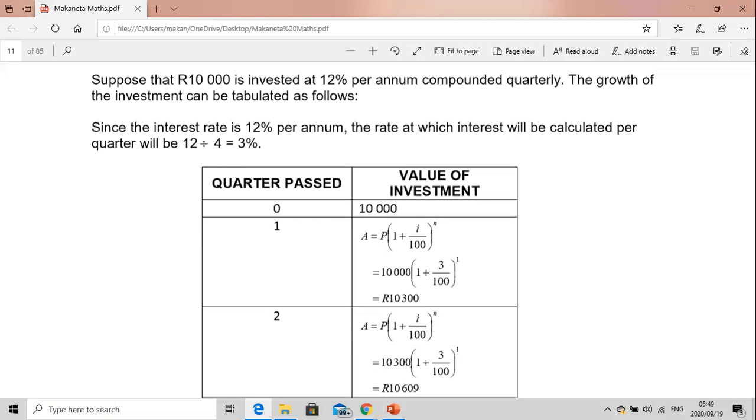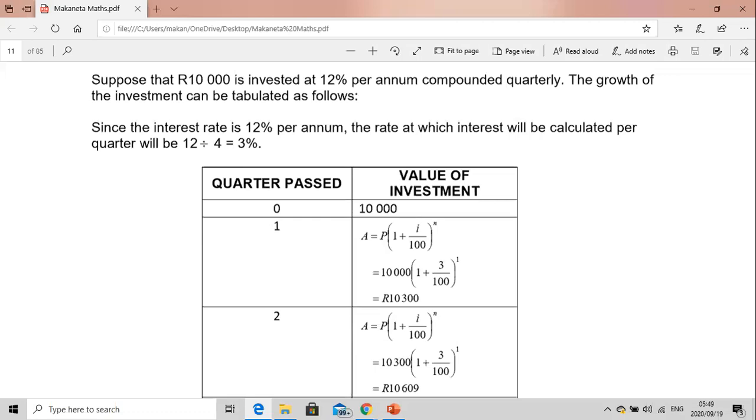And in this case, the amount will be, we now multiply our principal amount, and of course, we multiply that with P. A is equal to P into 1 plus i over 100, and then all to the power n.